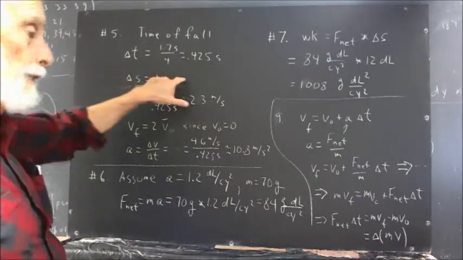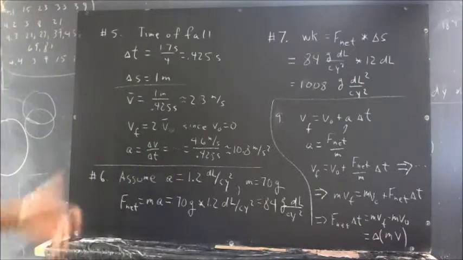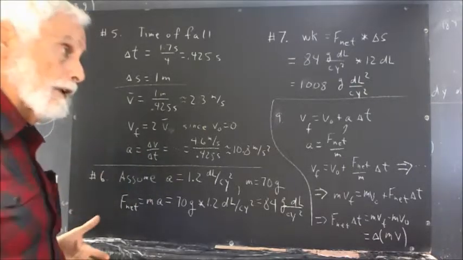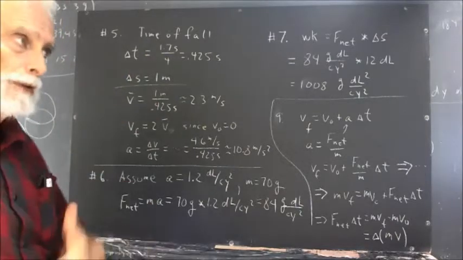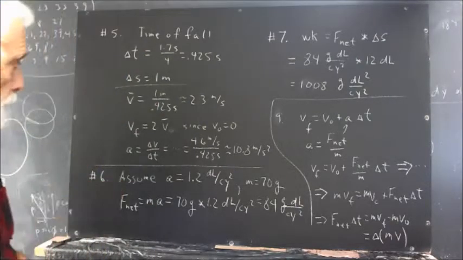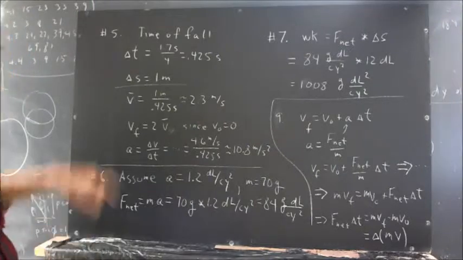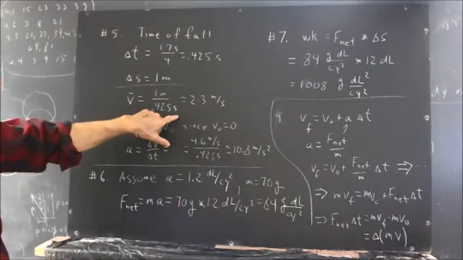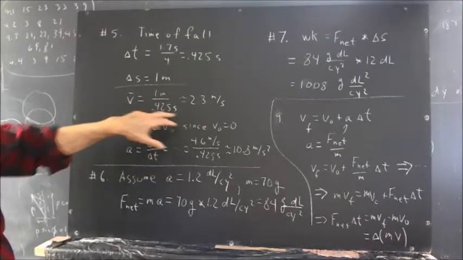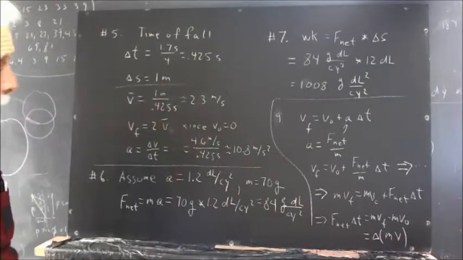If the distance of fall is 1 meter, then it's easy to calculate the acceleration. You can use formulas, but let's just do the straightforward reasoning, which is just as easy as the formulas. Average velocity is 1 meter over 0.425 seconds, and that's going to be approximately 2.3 meters per second.